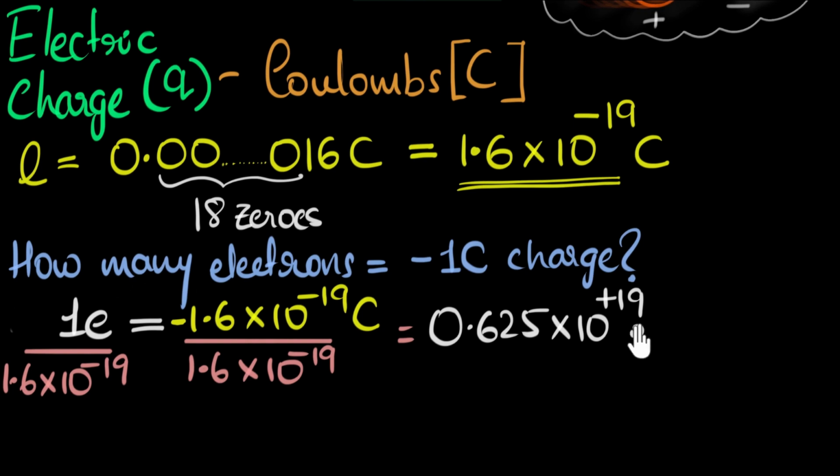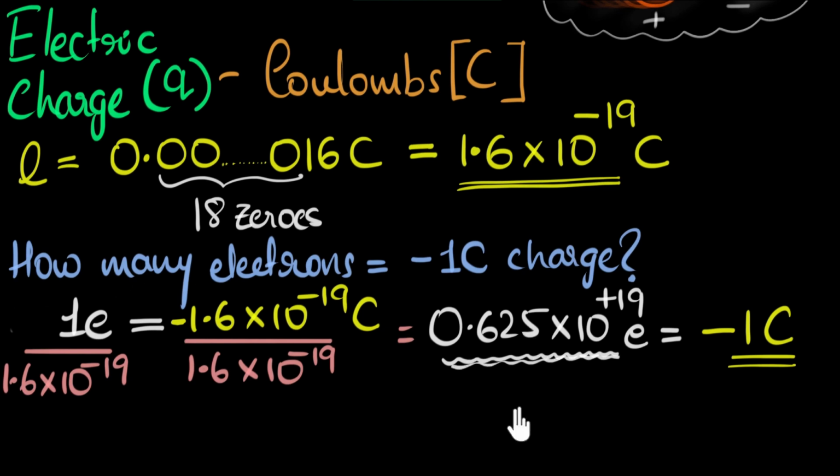And that, so many electrons, is equivalent to a charge of negative 1 Coulomb. So to get 1 Coulomb worth of charge, we need so many electrons. And of course, we can also write it in proper notation. It will be 6.25 times 10 to the power 18 electrons. We shifted the decimal by borrowing a 10.